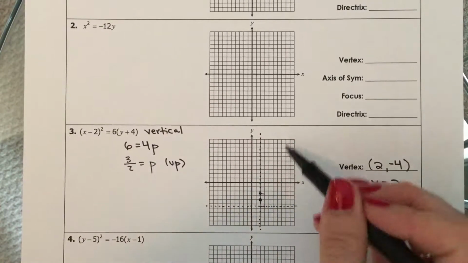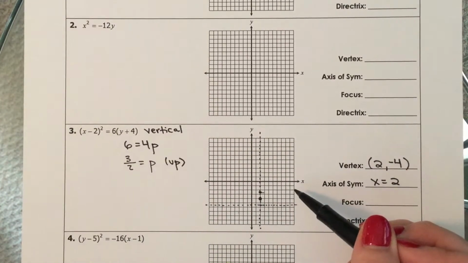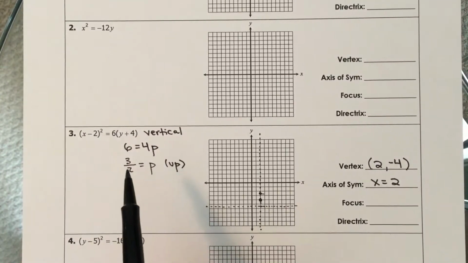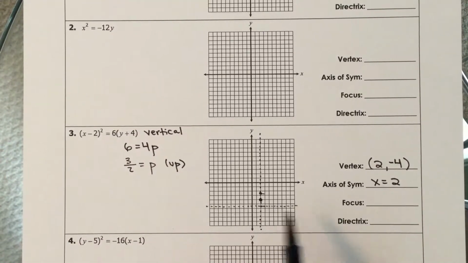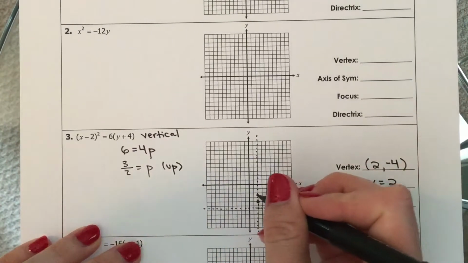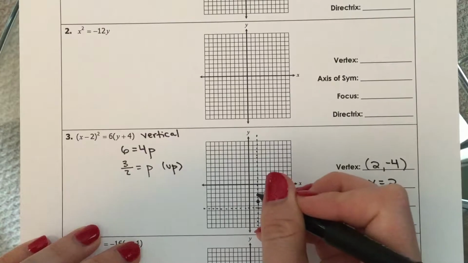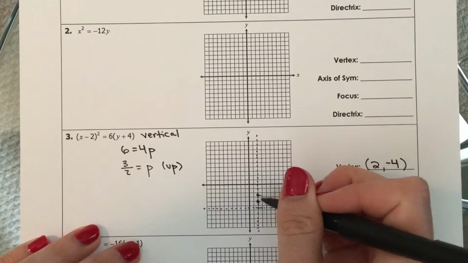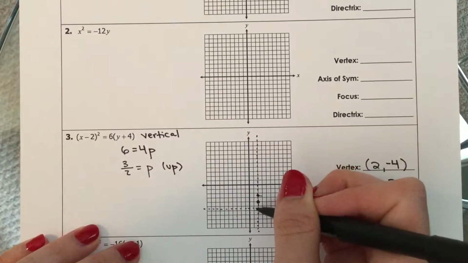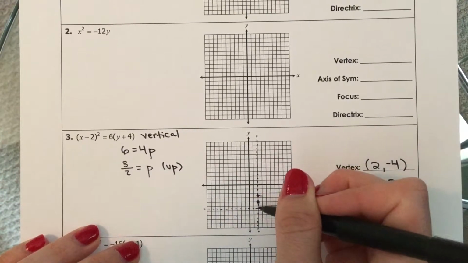Because since it opens up, you're going to have another point that shares the same y value. So you can either literally plug in the y value, that will work, or you can use this equidistant property, knowing that this is 1.5, this is 1.5, so this is 3 units away, the focus from the directrix.